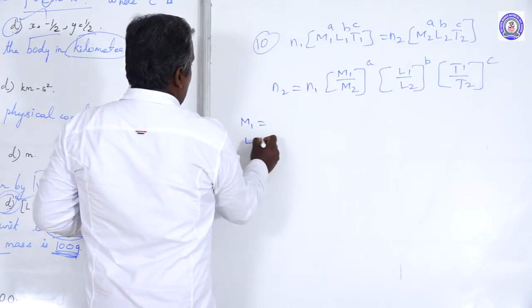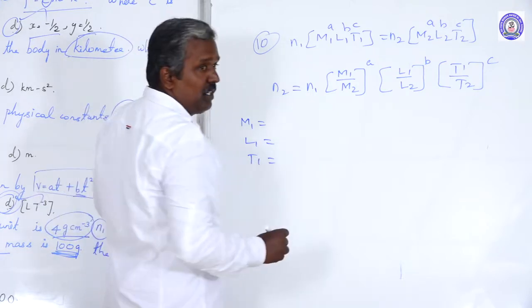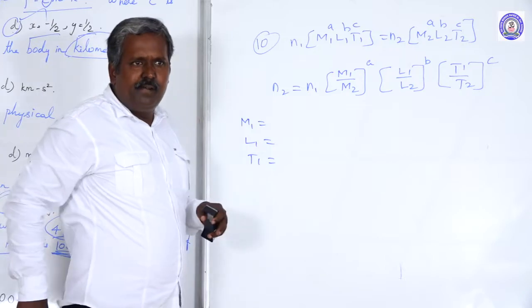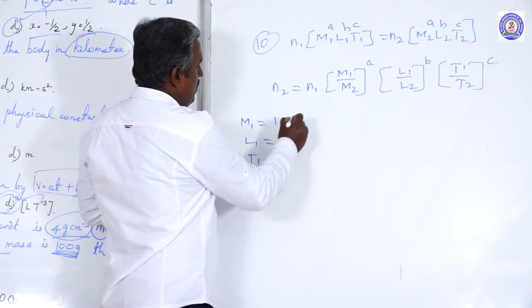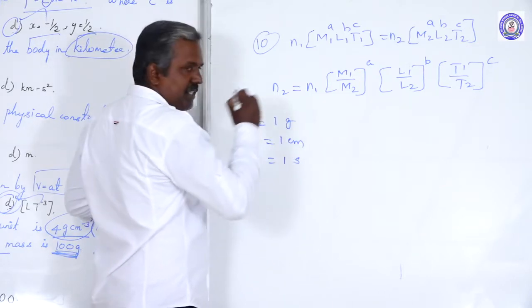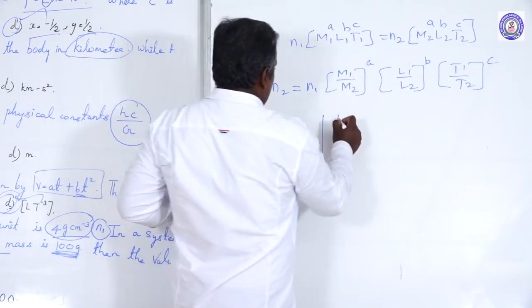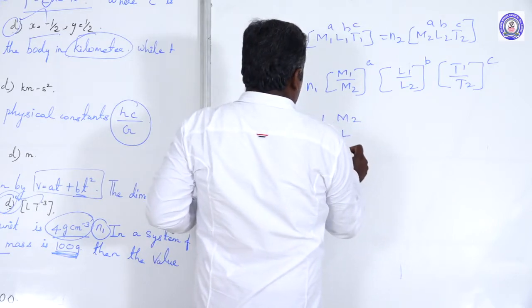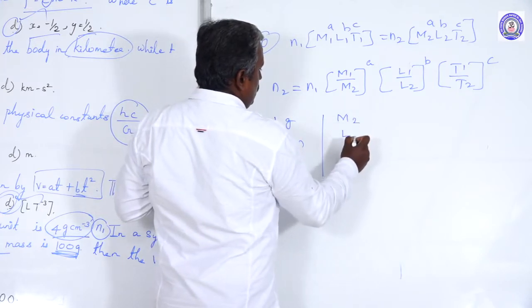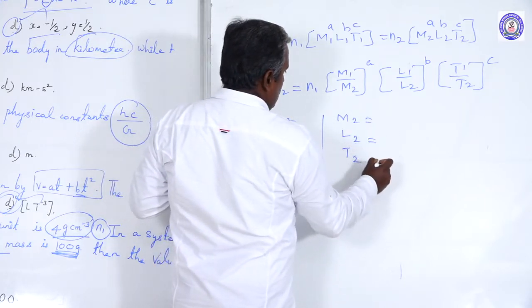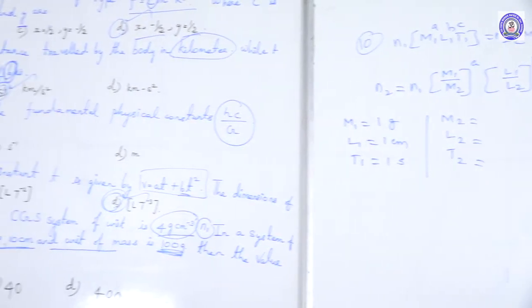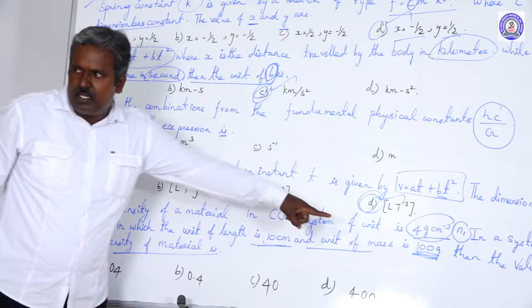Before that, we must write M1, L1, T1. What is M1? In CGS, no. Correct? Then M2, L2, T2. What is M2? Come on, read. 100 gram.